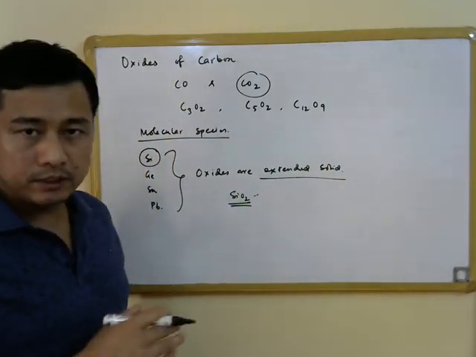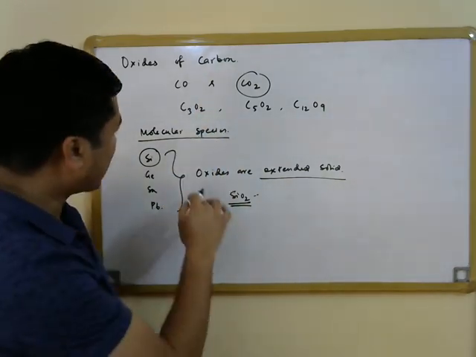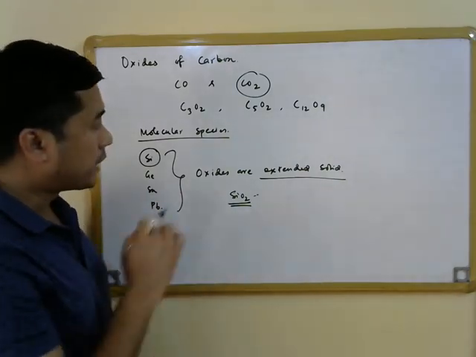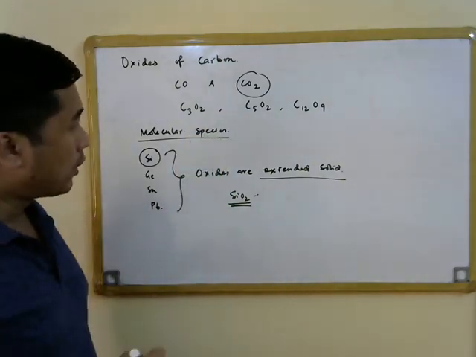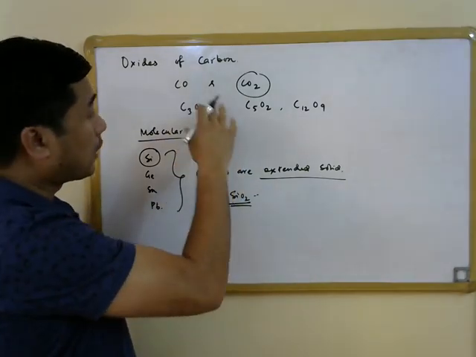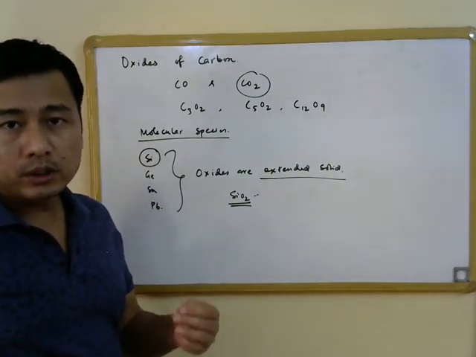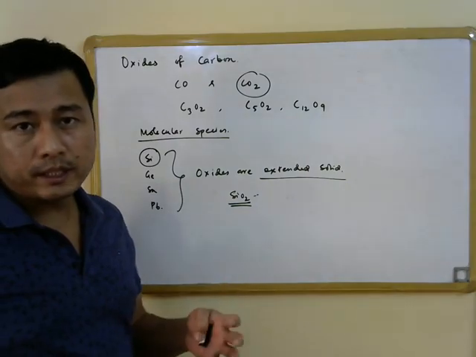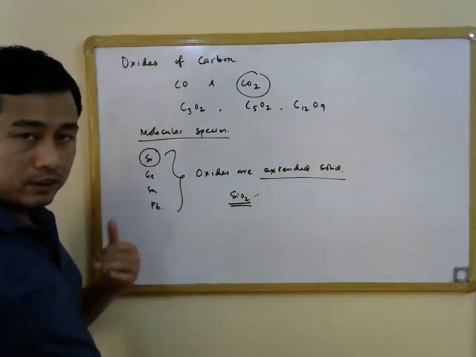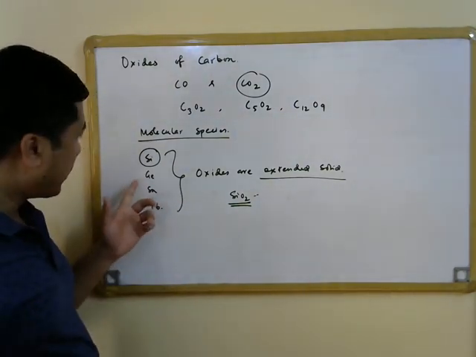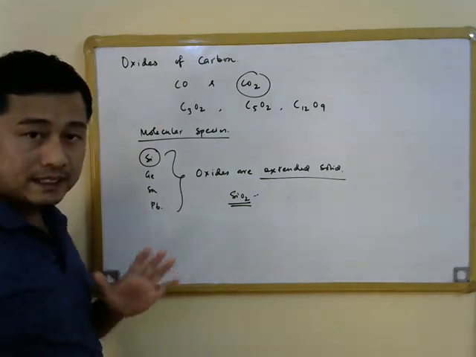The reason for this difference is that in the case of carbon the oxides are molecular species, while the oxides of other group 14 elements are extended solids. When carbon forms a compound with oxygen, both carbon and oxygen have 2s and 2p orbitals as the valence orbitals. In silicon the valence orbitals are 3s, 3p, for germanium 4s, 4p, for tin 5s, 5p, and for lead 6s, 6p.